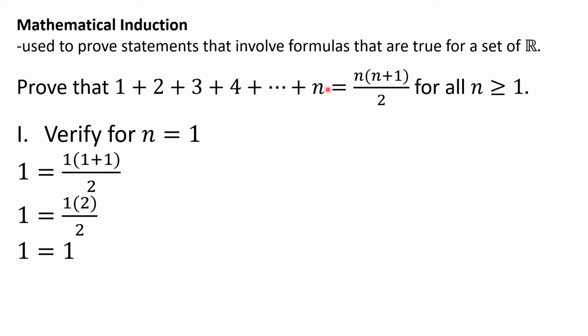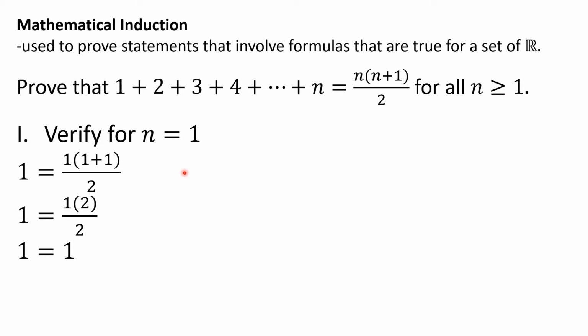And how about the n in the given statement? The n on the left side of our equation is the formula for how the pattern 1, 2, 3, 4 is obtained. And then we are going to prove that n times the quantity n plus 1 over 2 is satisfied for all n greater than or equal to 1.